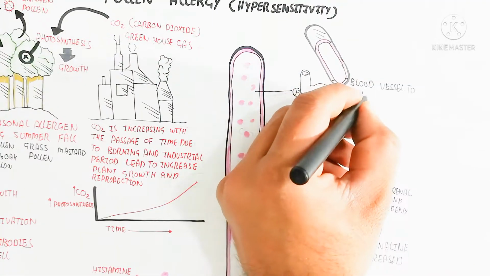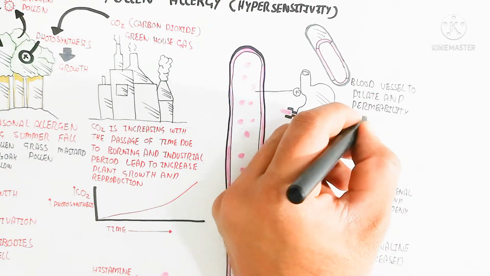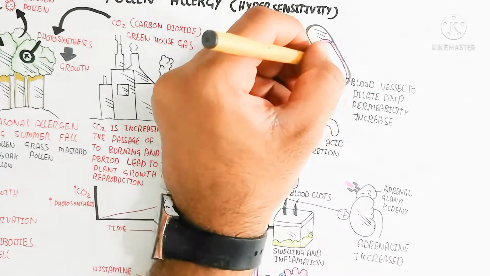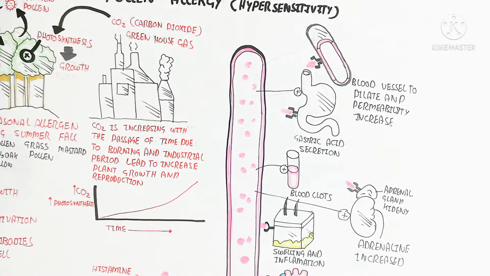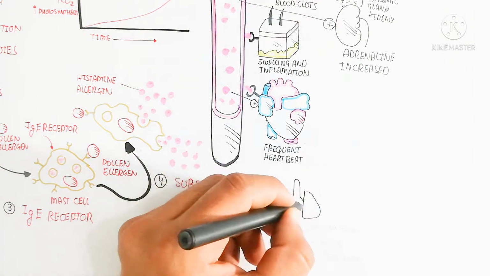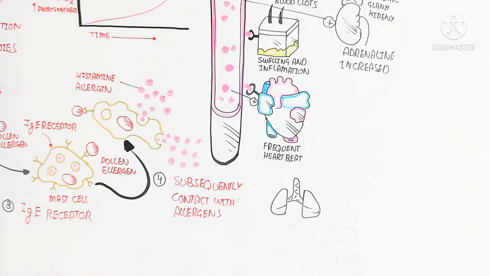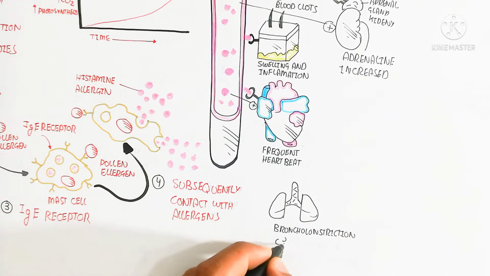And here you can see gastric acid secretion due to the binding. In this way, the gastrointestinal tract will be disturbed, and the blood vessels dilate and permeability increases with neutrophils, and in this way atherosclerosis can occur with chronic pollen allergy hypersensitivity.